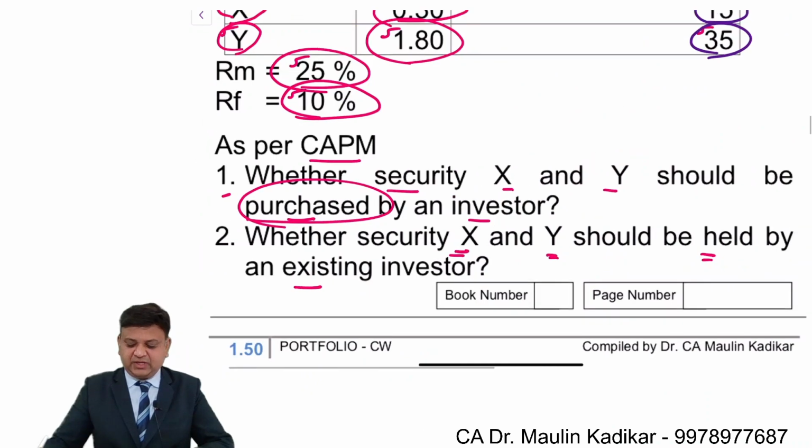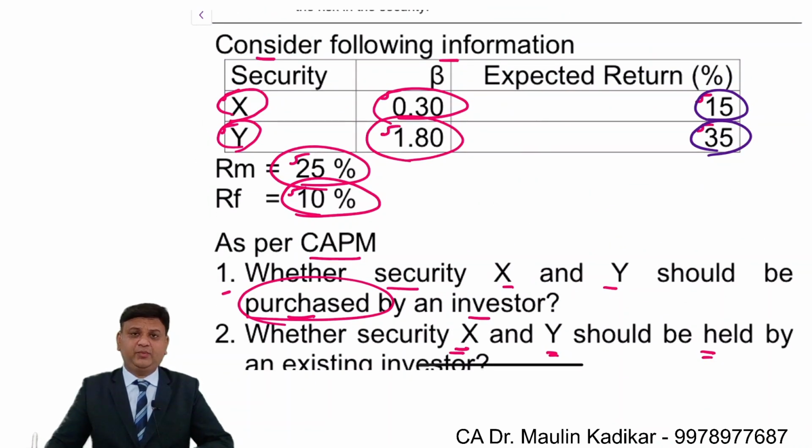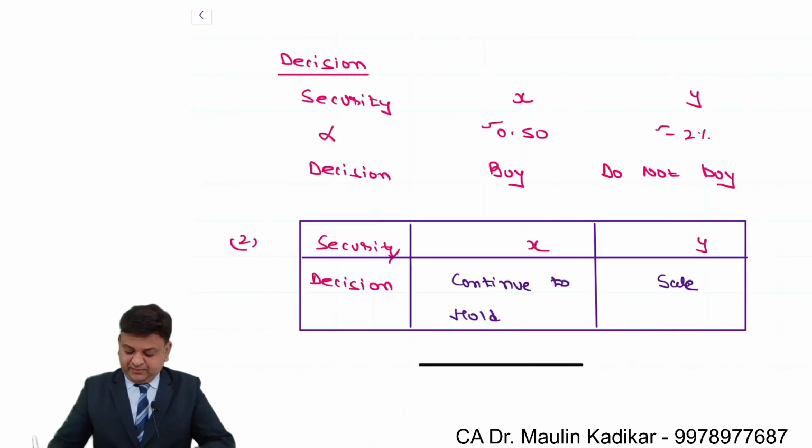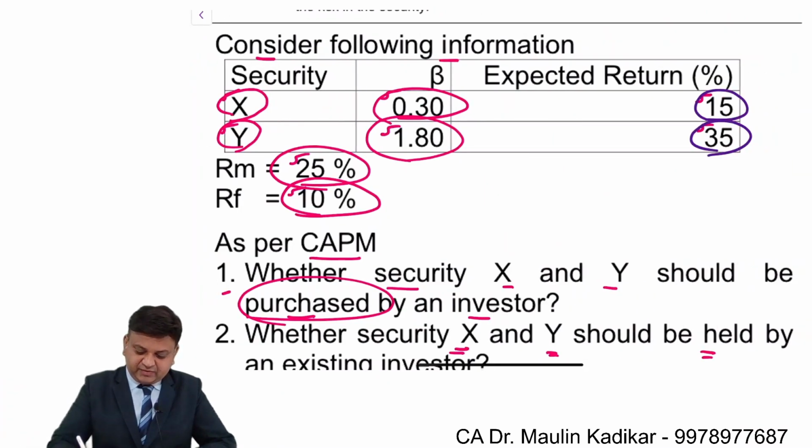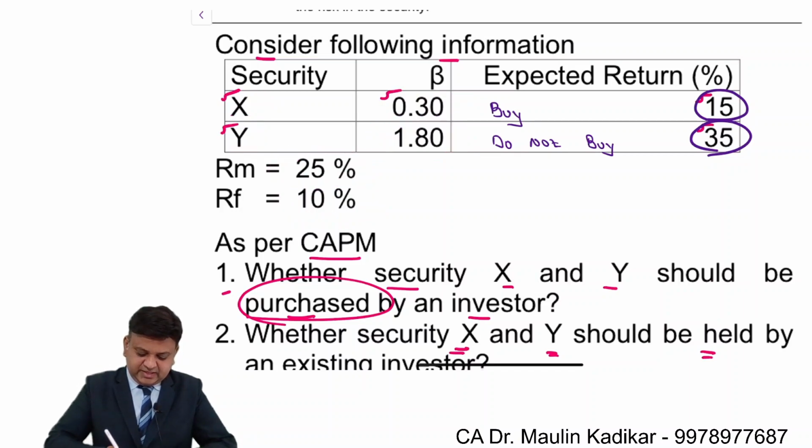Now friends, importantly I want to draw your attention to a point. We have taken the decision that security X should be purchased and not Y. For X we decided we should buy the security, and for Y we decided not to buy.